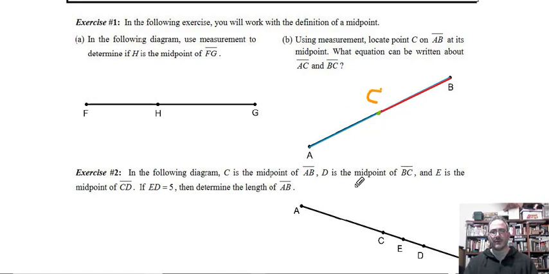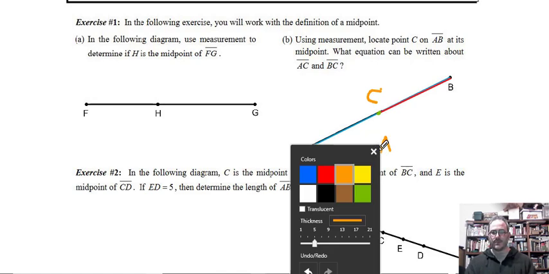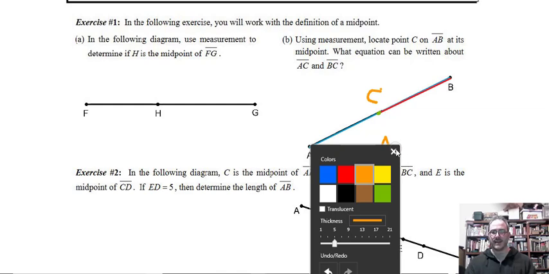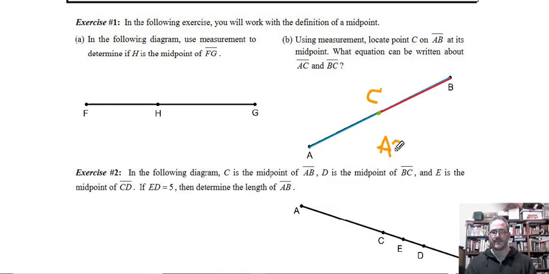What equation can we write about AC and BC at this point? Well, couldn't we write that AC is equal to BC?